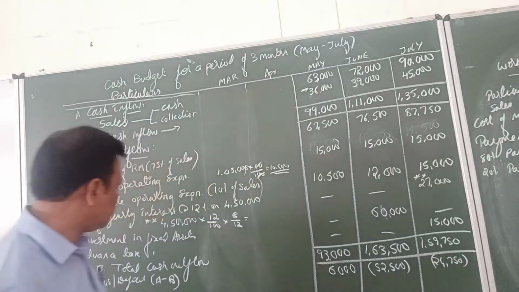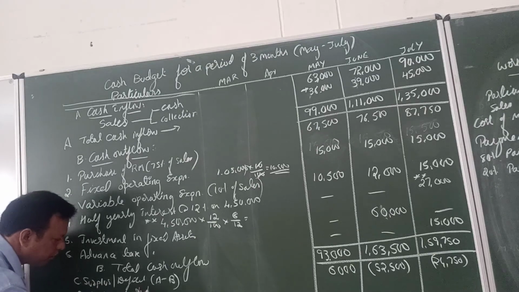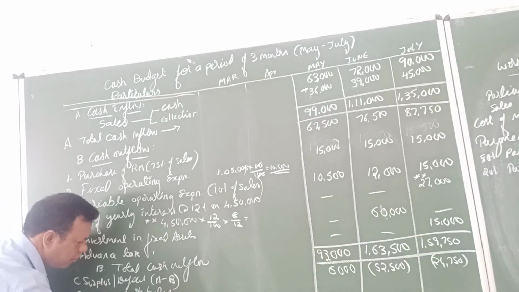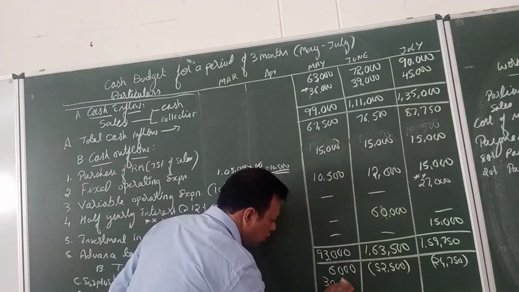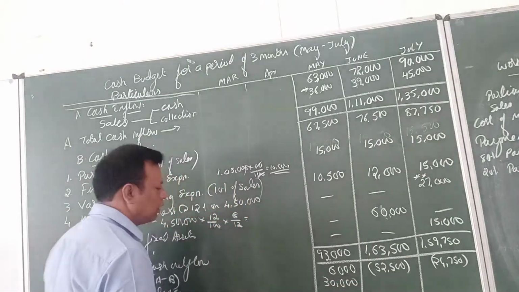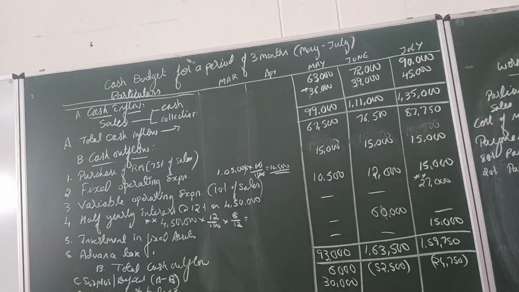Okay. So the opening cash balance. Any opening cash balance information there again? 30,000. Opening cash balance is 30,000. Okay. So any minimum cash balance they said in the column which we have to maintain? 30,000 minimum which we have to maintain.